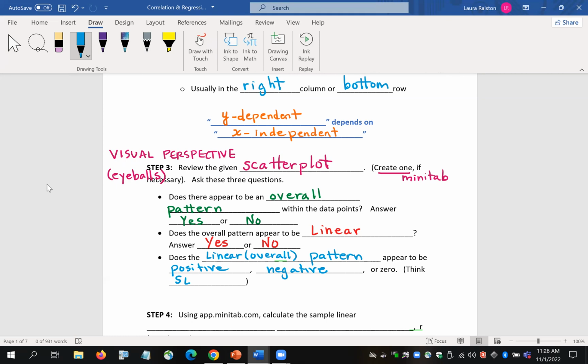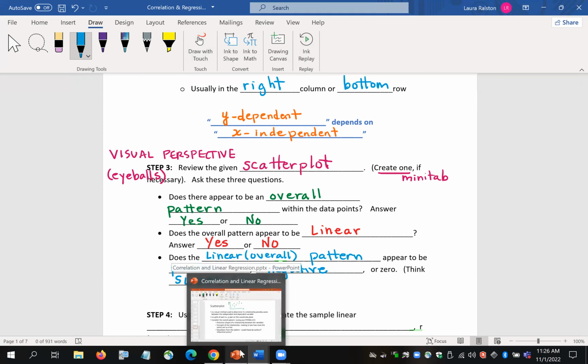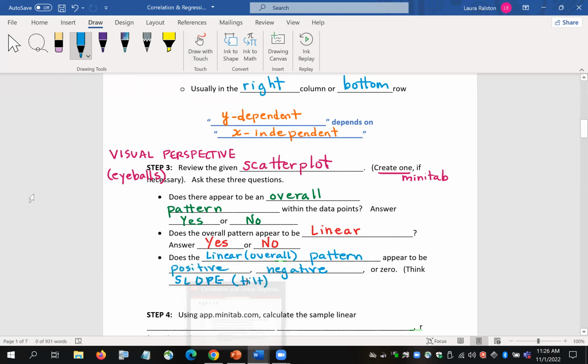In this case, what we're looking at is the slope or the tilt of the line. And there, from algebra, if you'll remember, there are 3 options. I had those on the PowerPoint, so I'm going to toggle back over. Let me give you a minute to write that down if you're writing.